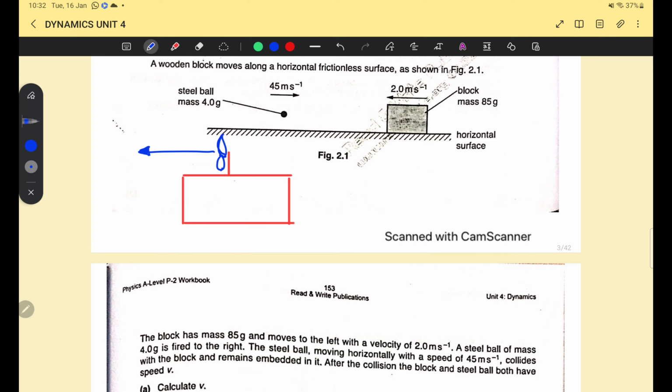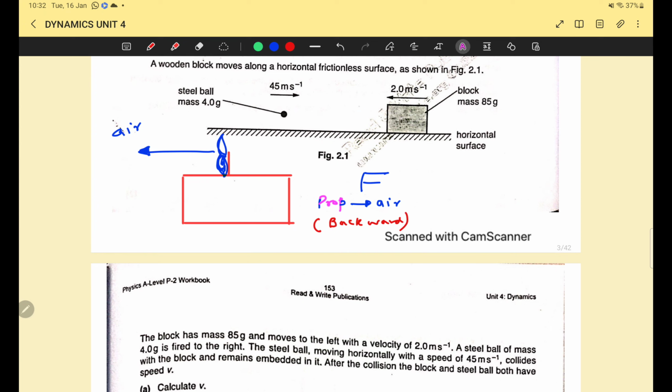So the propeller is exerting a force on air, and this air is acting in the backward direction. The blade of the propeller throws air, so this force is acting on air. Force exerted by the propeller is on air, and it is in the backward direction.